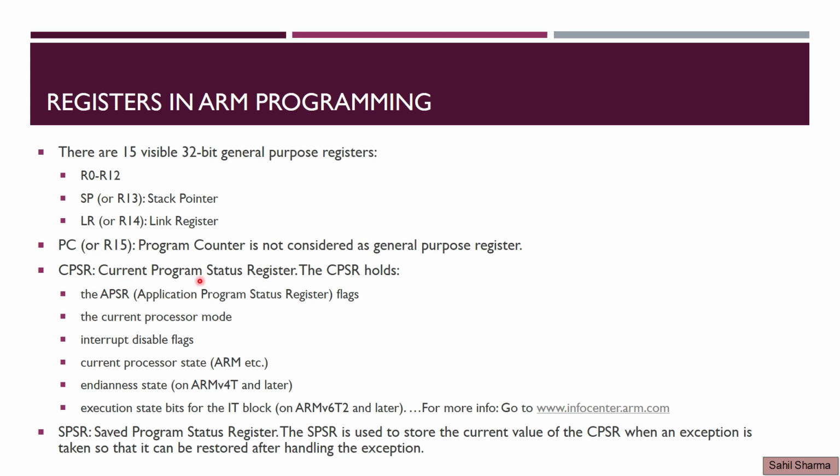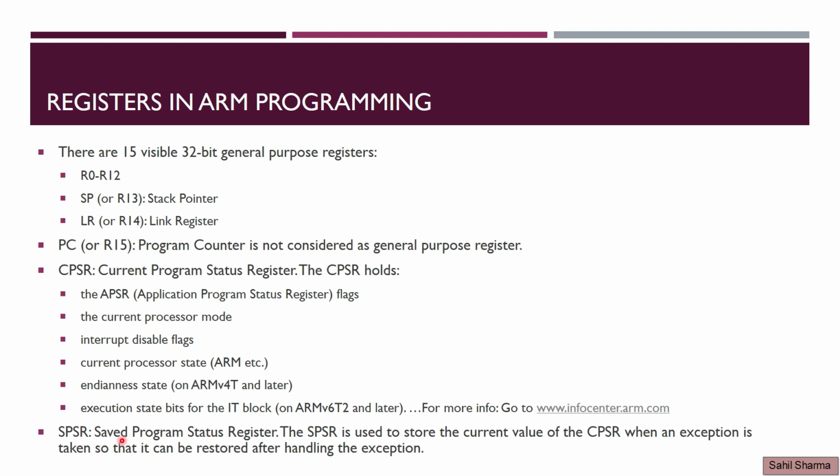CPSR, current program status register. CPSR holds application program status register flags, the current processor mode, interrupt disable flags, current procedure state, endianness state. Endianness state may be big endian, little endian. Execution state bits for the IT block.